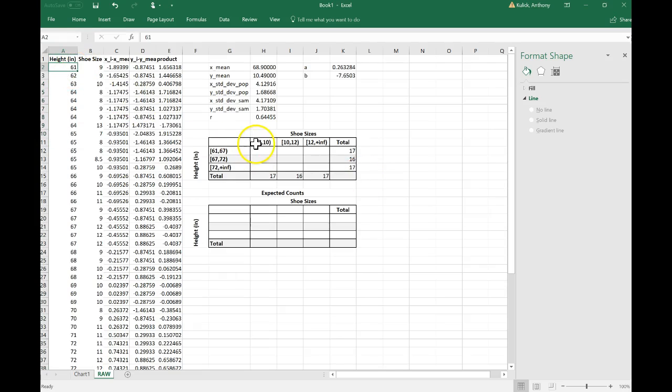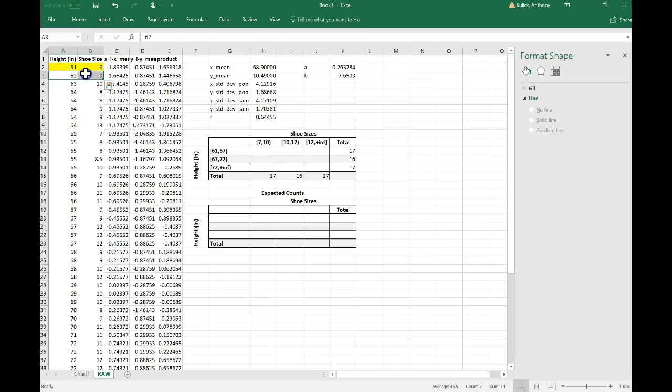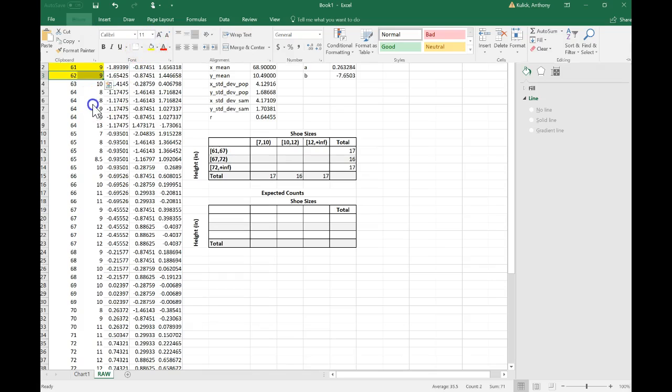And now I'm going to look at, in here, the ones that I'm going to count. So I need a height between 61 and 66, and a shoe size between 7 and 10. So this one is good. This one is good.